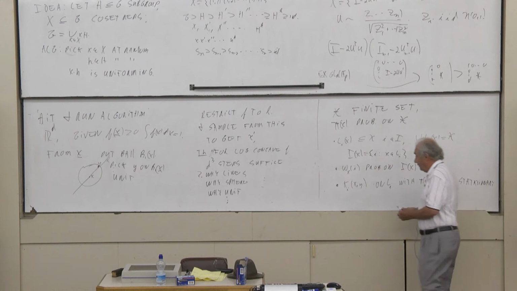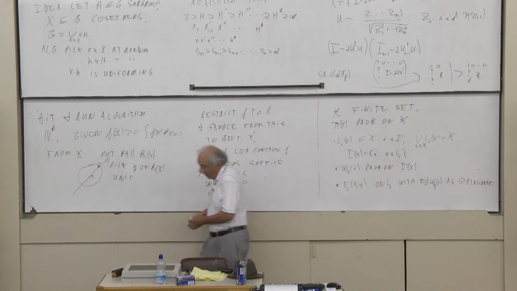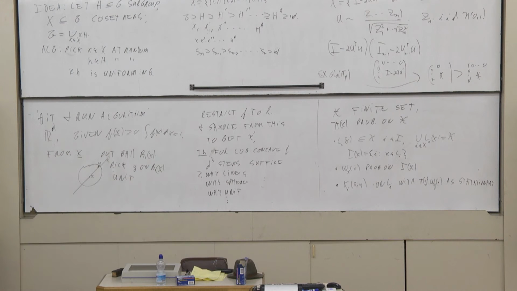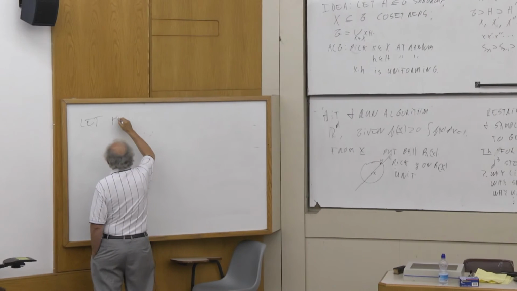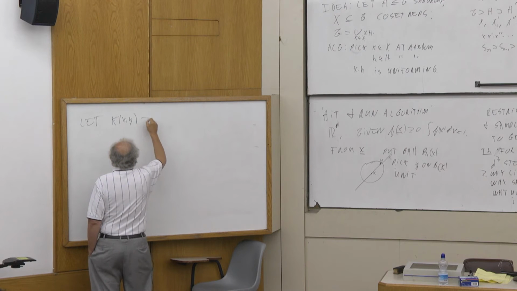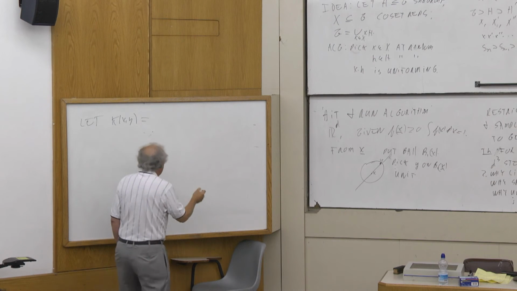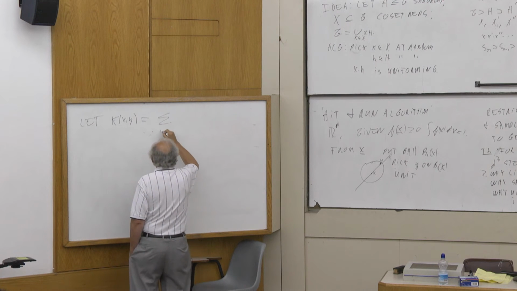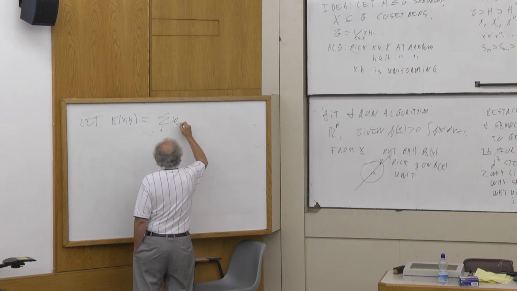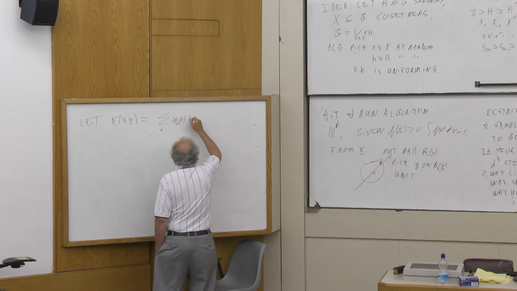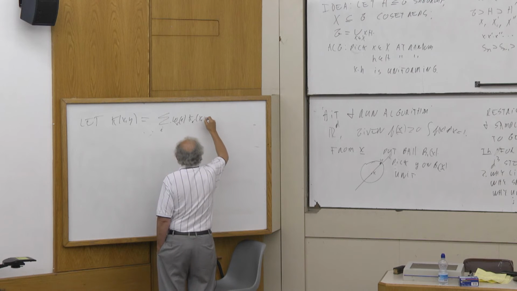And then the algorithm is just the following. Putting these ingredients together, define a Markov chain k of x,y to be, I'm at x in this space, the sum over i of w sub x of i times k sub i of x,y.